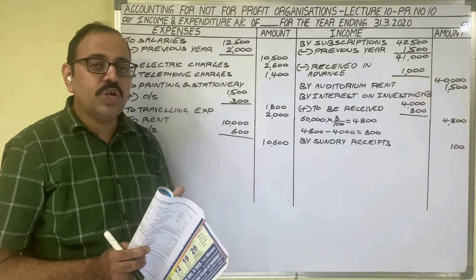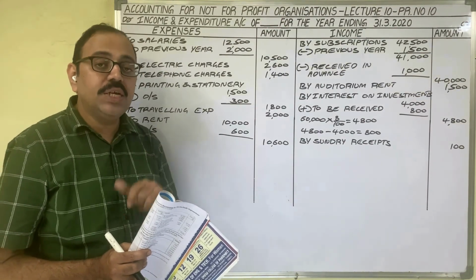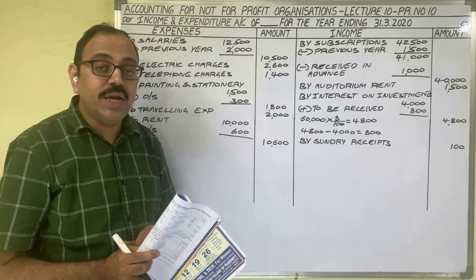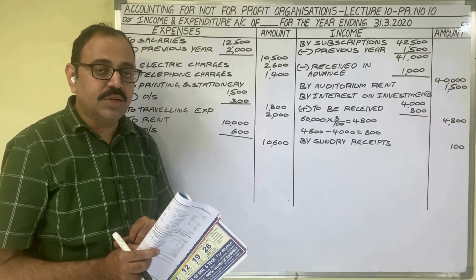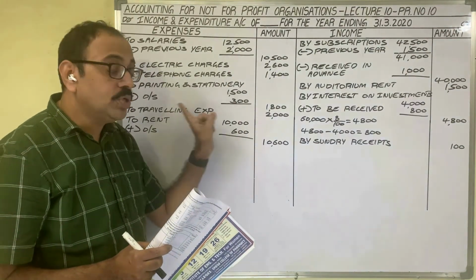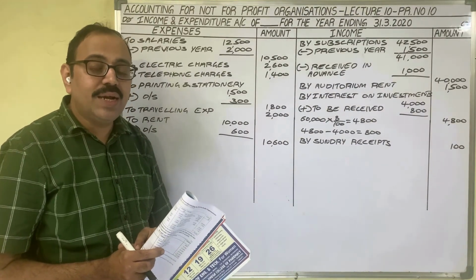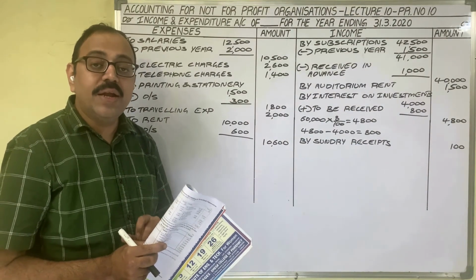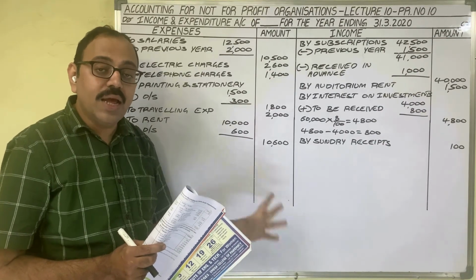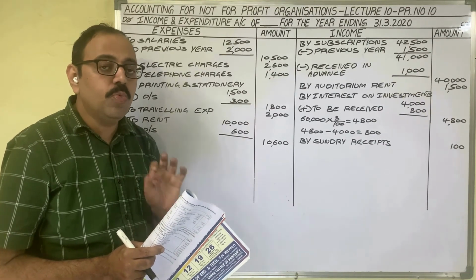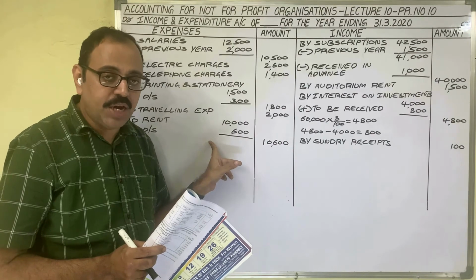If newspapers are purchased or magazines are purchased, you have to treat it as revenue expenditure. So debit side of this account we should show them. But if books are purchased, you have to treat it as capital expenditure and it appears in balance sheet under asset side. So don't show books purchasing in income and expenditure account.